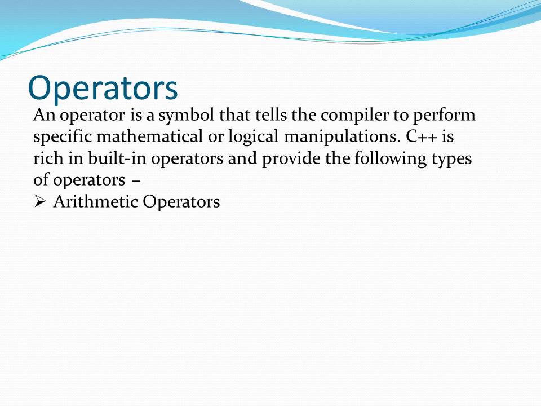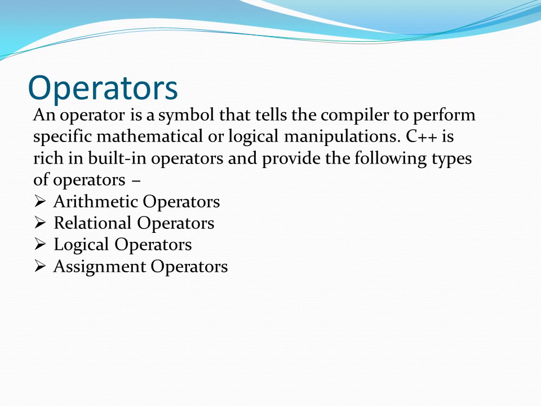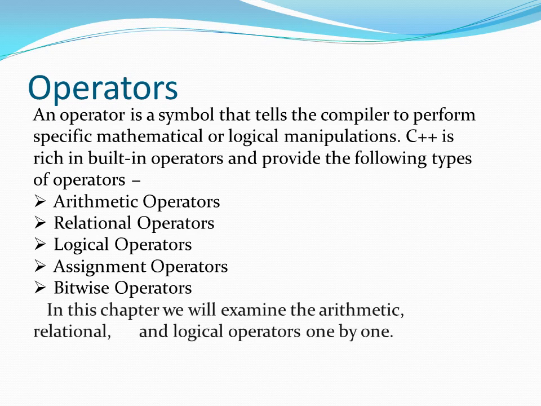First is the arithmetic operators, second relational operators, third logical operators, fourth assignment operators, fifth bitwise operators. In this chapter, we will examine the arithmetic, relational and logical operators one by one.